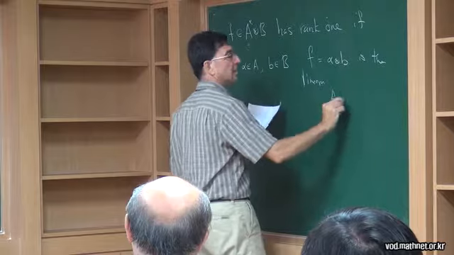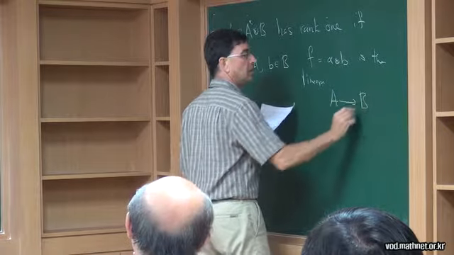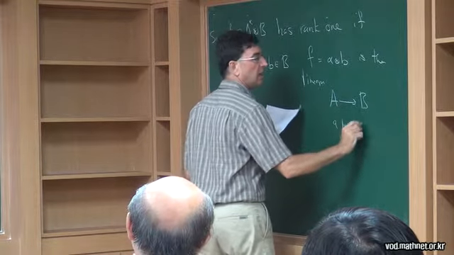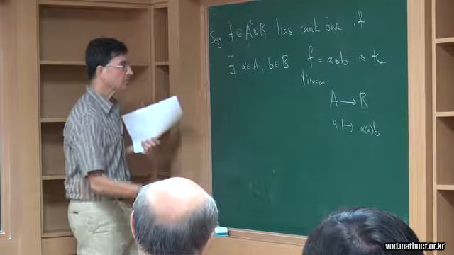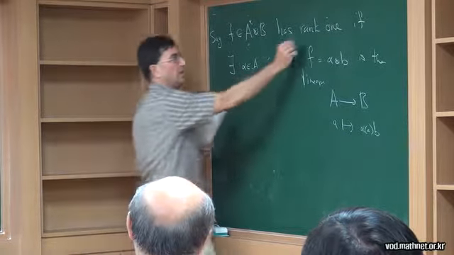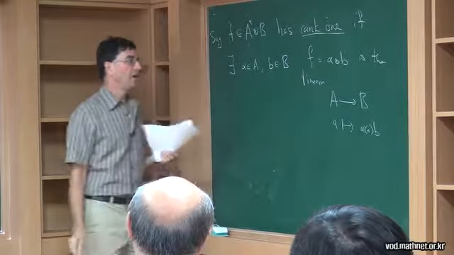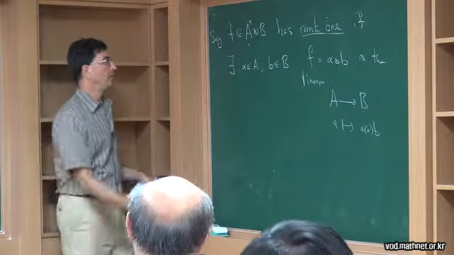So this is a linear map from A to B. A goes to alpha of A times B. So this is the definition of a rank 1 linear map.